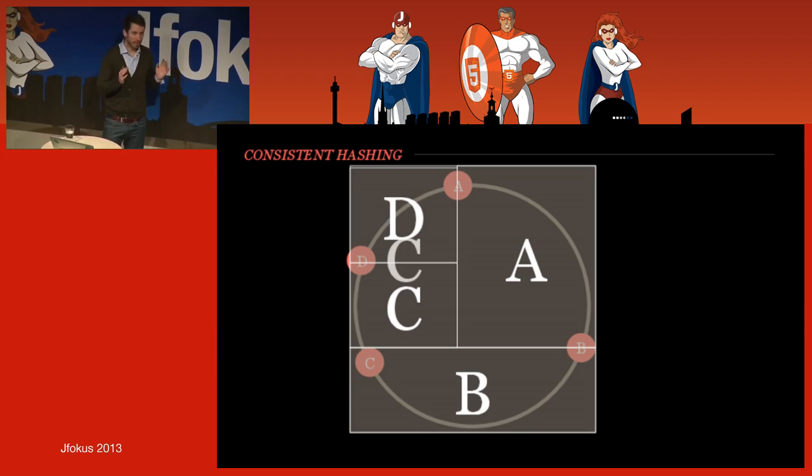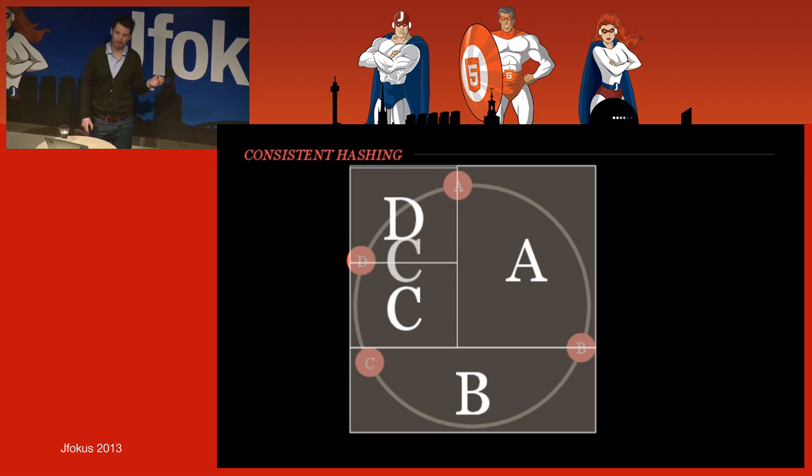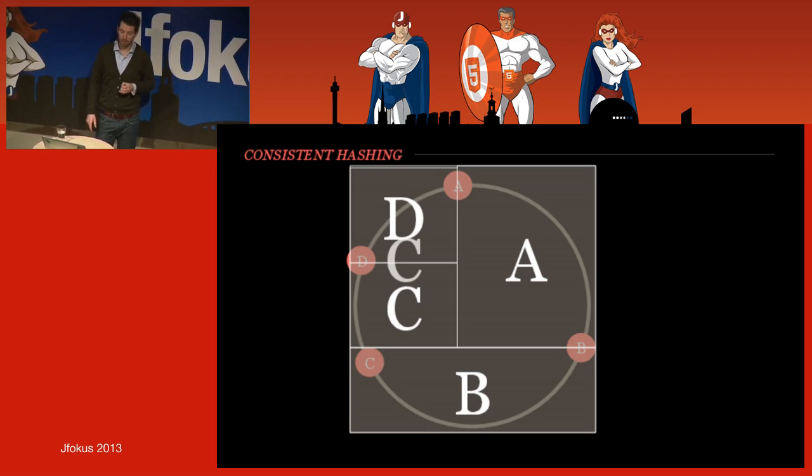Another big advantage of consistent hashing is that it's really small amounts of data that have to be moved in order to add another server to the cluster. If you compare to the last line, where all servers were affected when we added one new server, if you add a server D here, it's just server C that is affected initially.